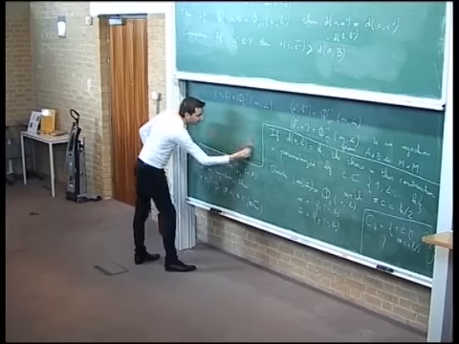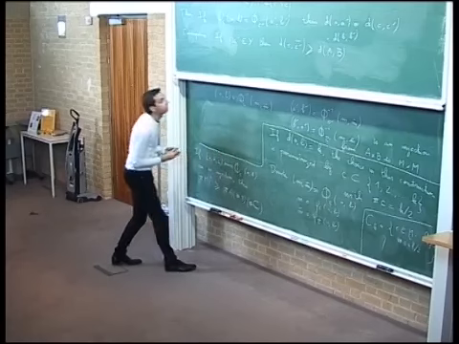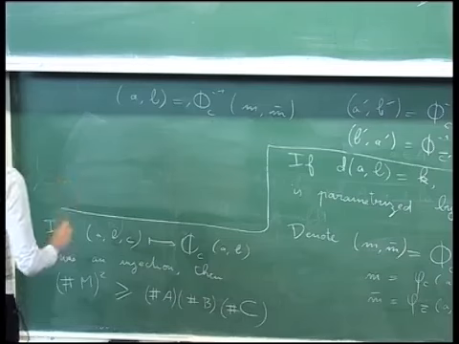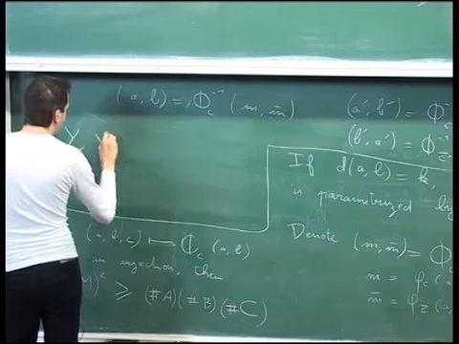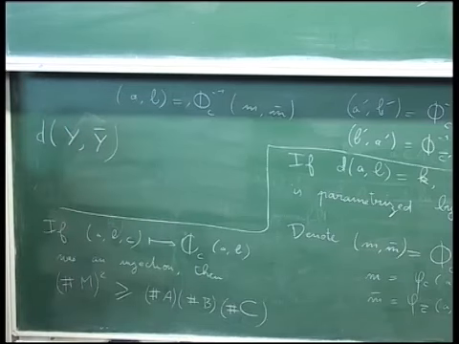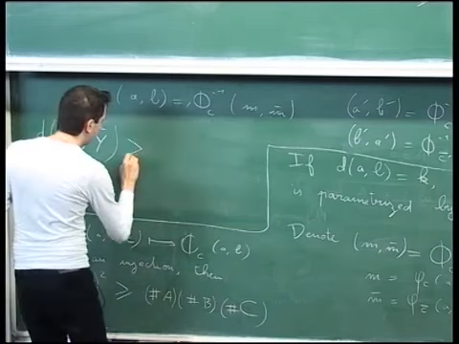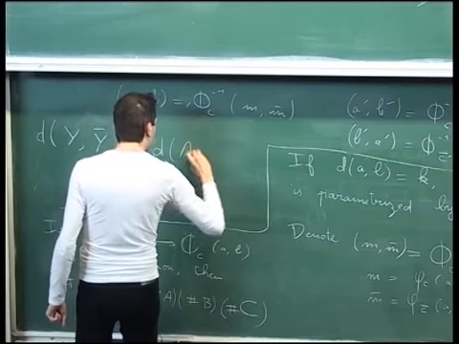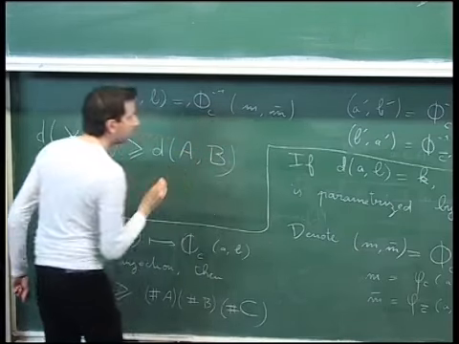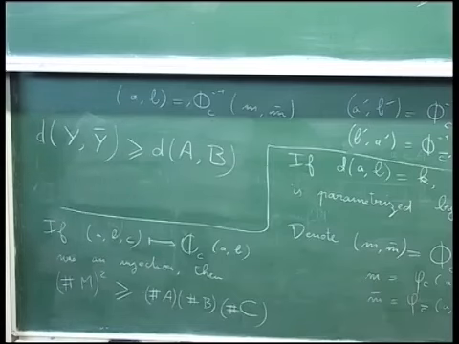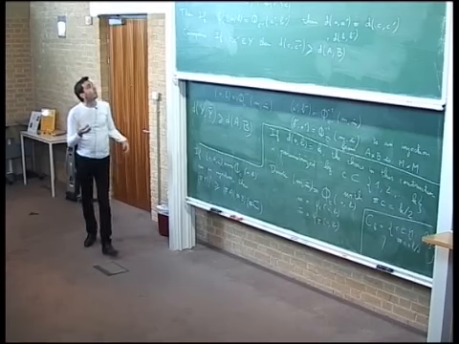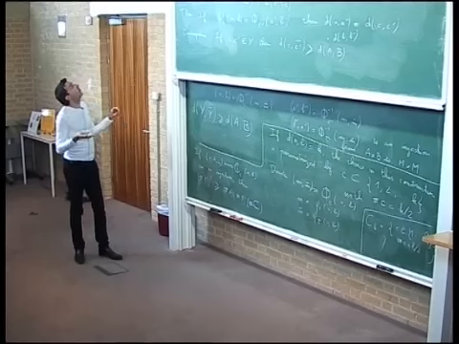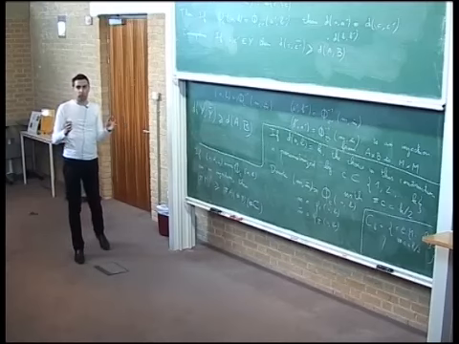So what you get is that the distance between Y and the set of complements of the C in Y is at least equal to the distance between A and B. And now we are getting closer, because what we want to prove is that Y is small.